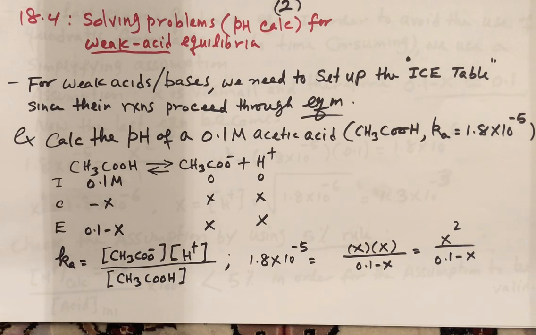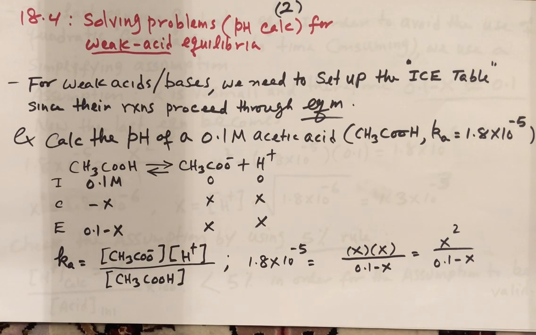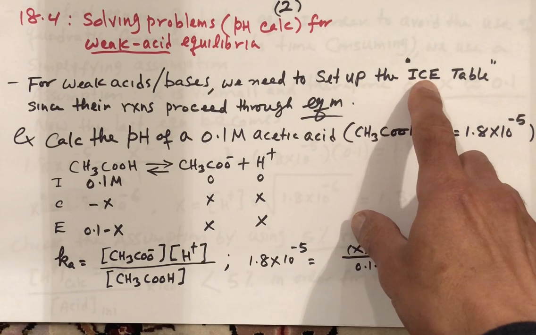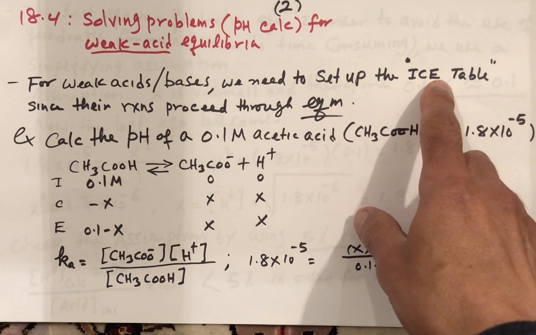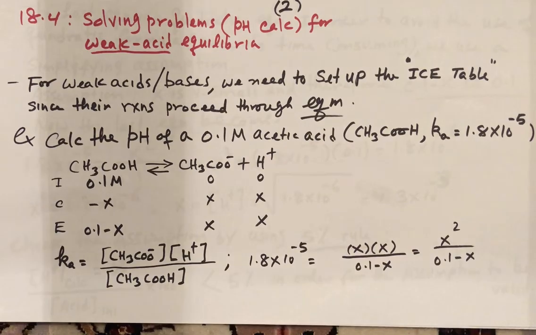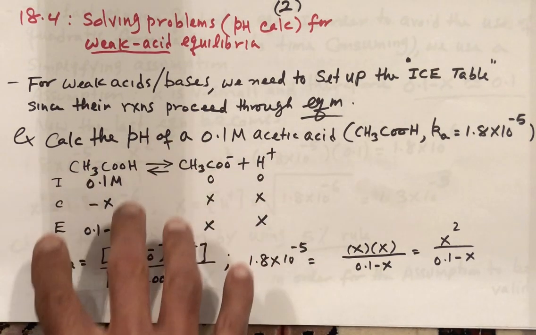For the weak acid, now we have to proceed through the ICE table, which is basically what we covered in the equilibrium chapter. I is initial, C is change, and E is equilibrium. So that's an acronym for the reactions that proceed through equilibrium. Now, for the weak acid and weak bases, we're always going to set up the ICE table.